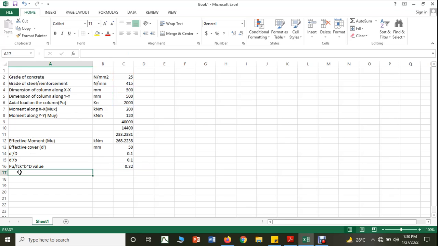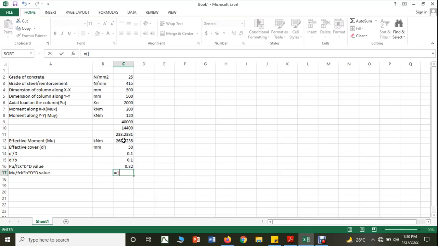Then similarly Mu by fck b d square, that is Mu into 10 power 6 divided by fck into b into d into d, which will be 0.085. I can make it to two numbers, so 0.085 or 0.086.